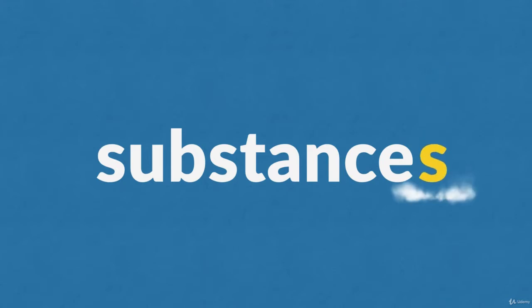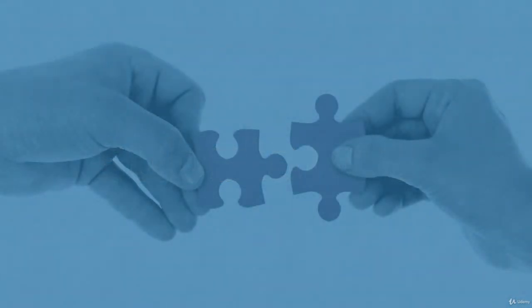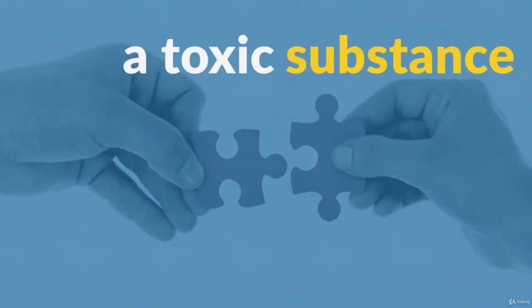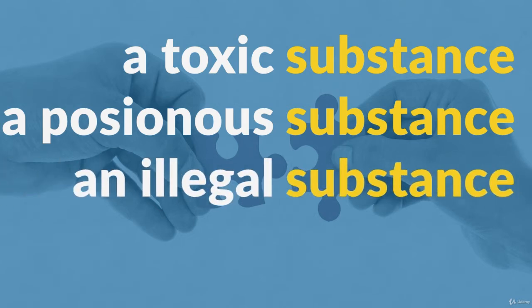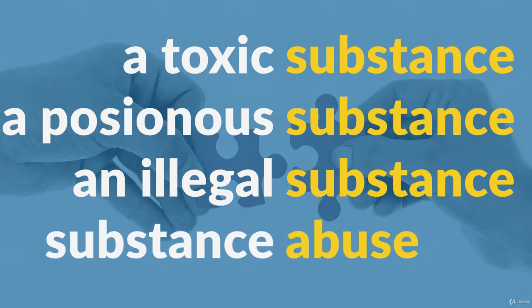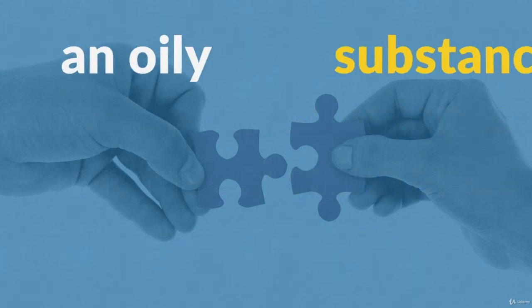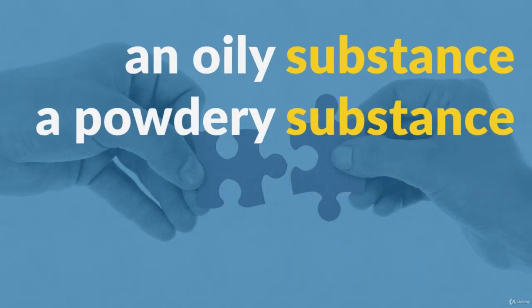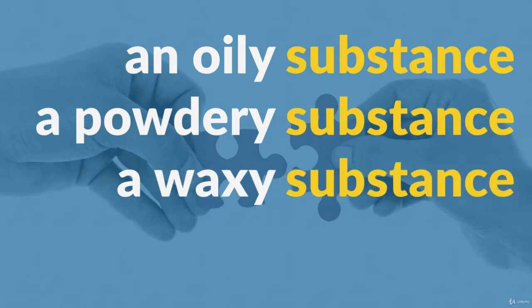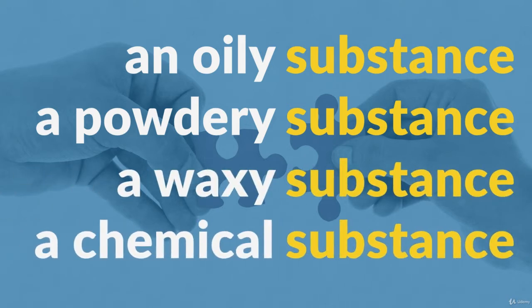So the plural of substance, of course, is substances. And some collocations: a toxic substance, a poisonous substance, an illegal substance. The last one is useful, also known as drug abuse. It's substance abuse. An oily substance, a powdery substance, a waxy substance, a chemical substance.